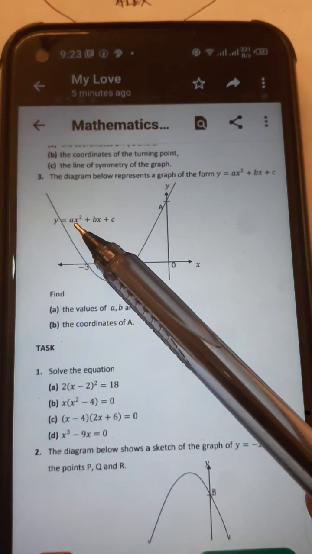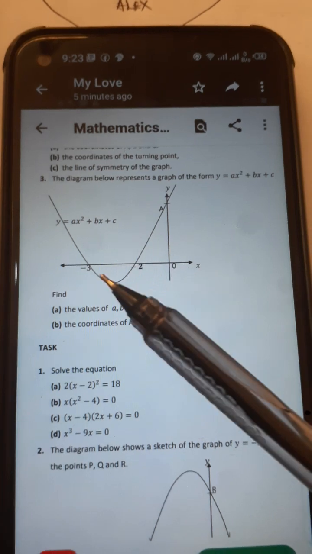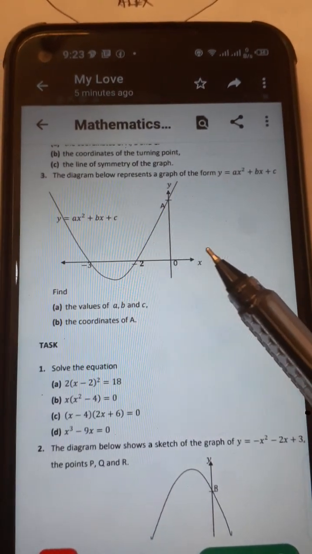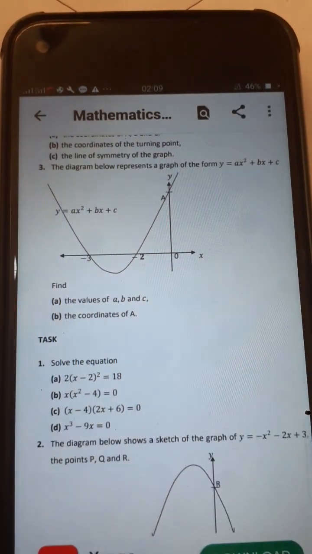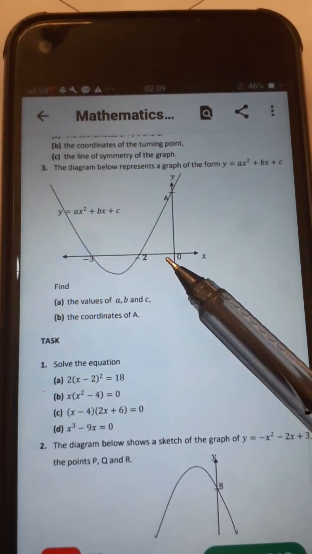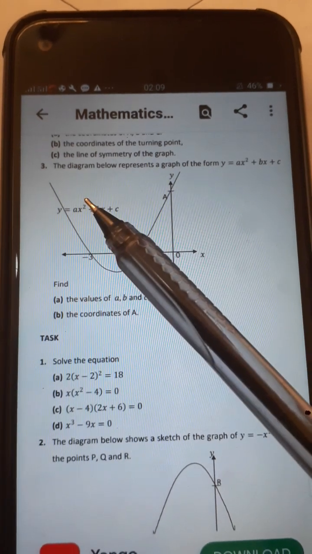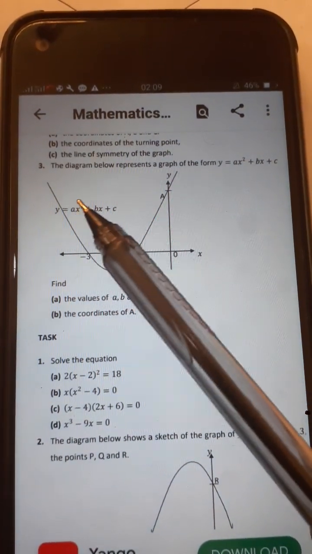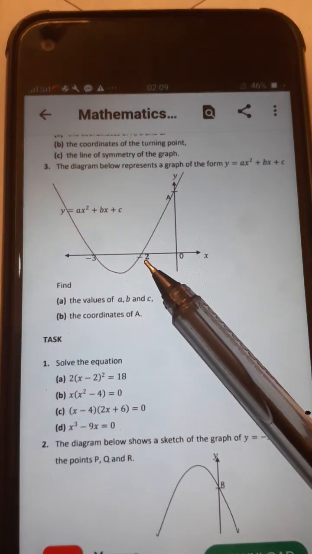The other information that we have is the x-intercepts. The x-intercepts for the graph are -3 and -2, so we've been given the roots of the quadratic function.